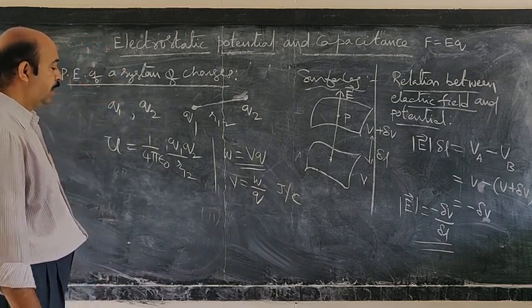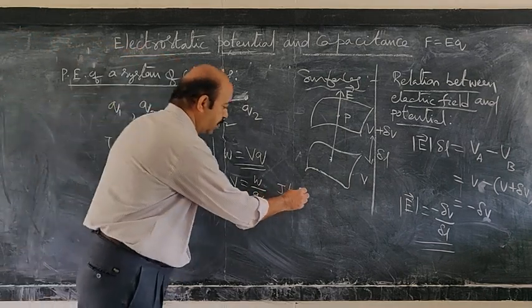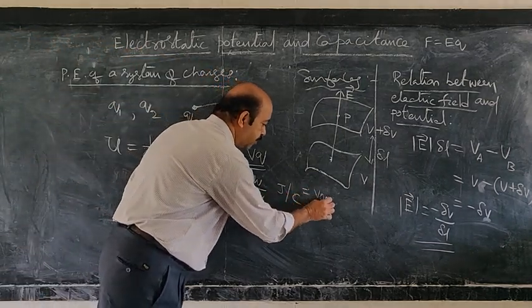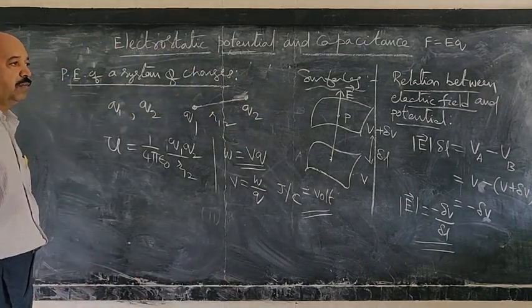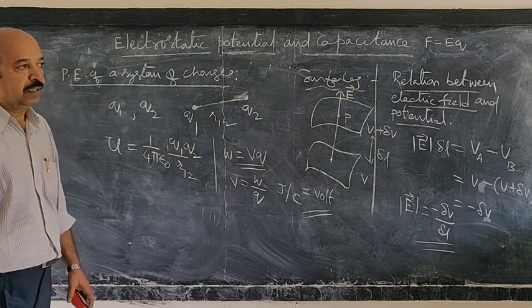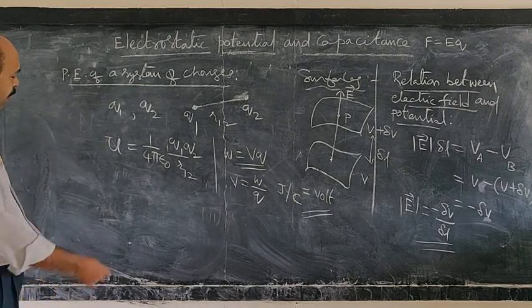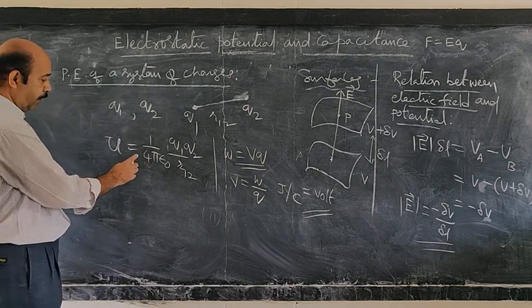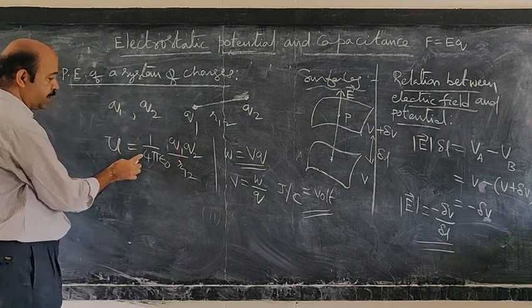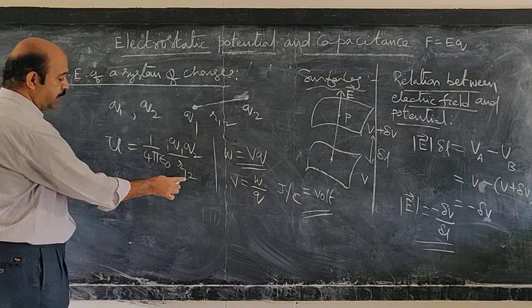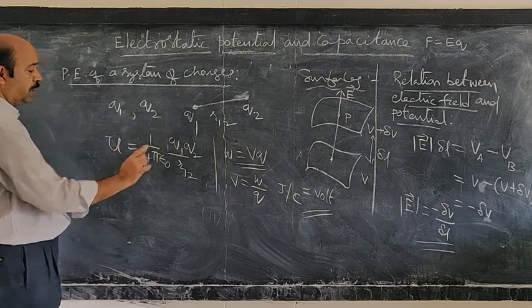Okay. And you know, for potential this is equal to volt. Okay, we will discuss about it while we discuss current electricity. Then here, how do you derive this? The potential due to Q1 is this one at a point at a distance R12 where Q2 was brought. So the total work done is this.